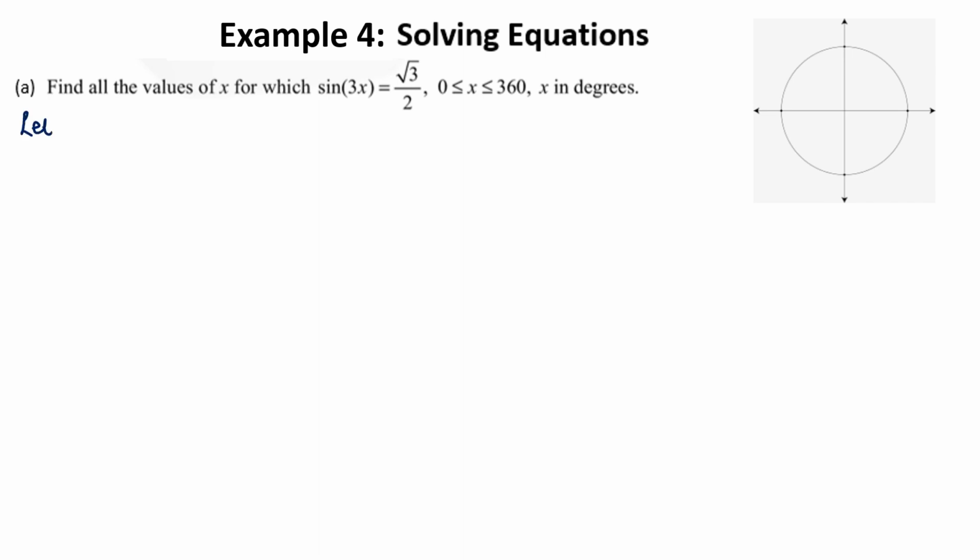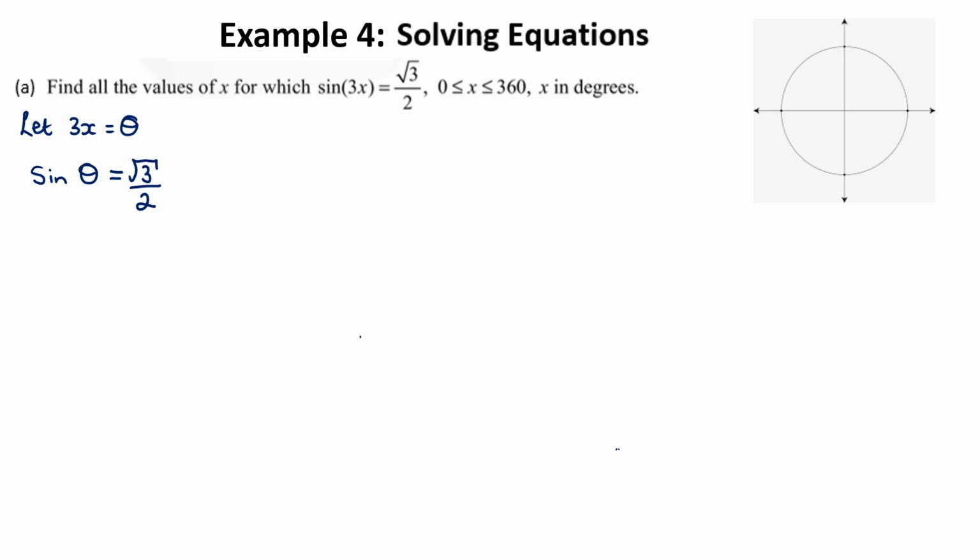So I'm going to let 3x equal theta. The reason I strongly suggest this is because it is too easy to divide by 3 too early in the question, and if you do, the whole question will end up wrong. By doing that substitution, the division will naturally come at the very end.